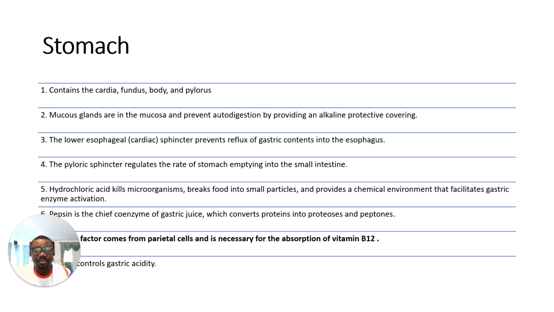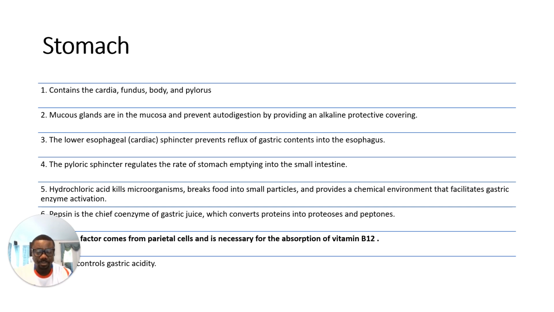You have another enzyme or gastric juice called pepsin. Pepsin serves as the chief enzyme of gastric juice. It converts proteins into proteoses and peptones to break down other things in the body. Then you have the parietal cells. The intrinsic factor comes from the parietal cells and is necessary for vitamin B12 absorption.